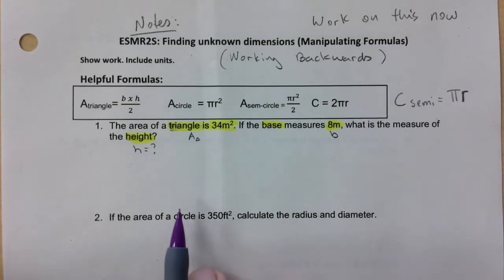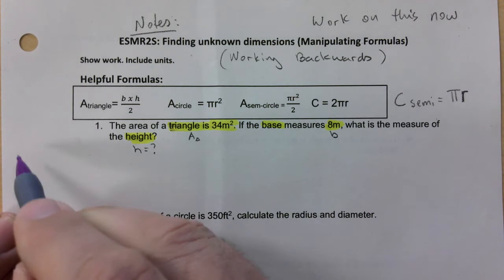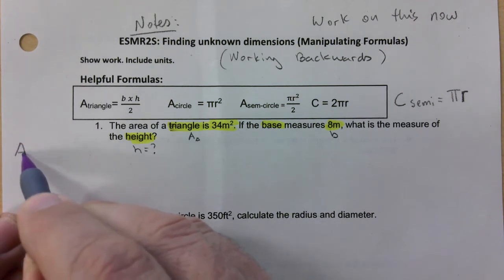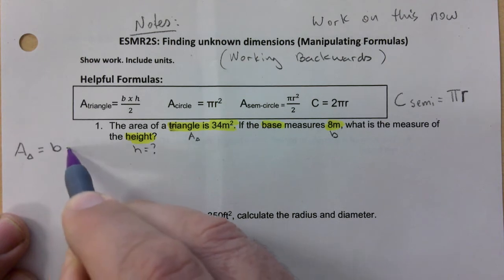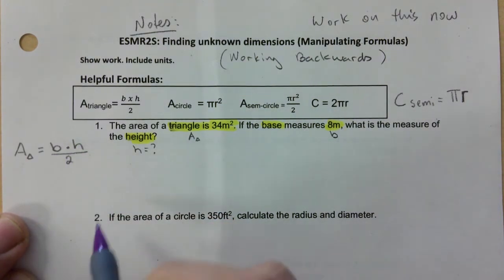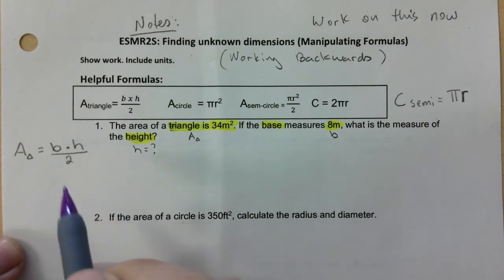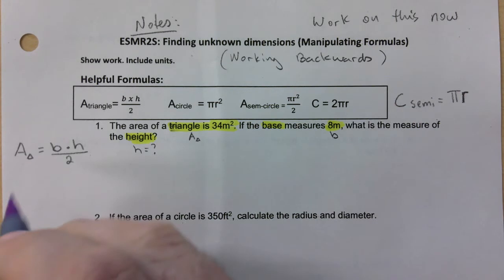Okay. So we start with the area of a triangle, knowing that it's this, right? Area of a triangle would be base times height divided by 2. From this formula, we can conclude two things.